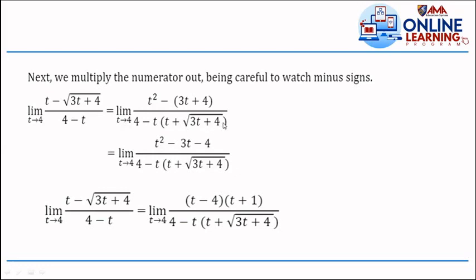Okay? Next, we're going to simplify, no? Ito, i-distribute natin ito at saka dito. So, we have t squared. Ito, magiging negative 3t siya. Ito, positive 4. We have minus 4. Okay? So, we have 4 minus t.